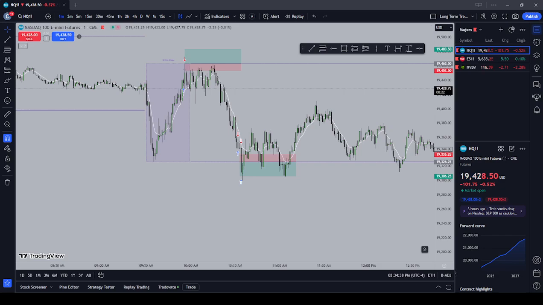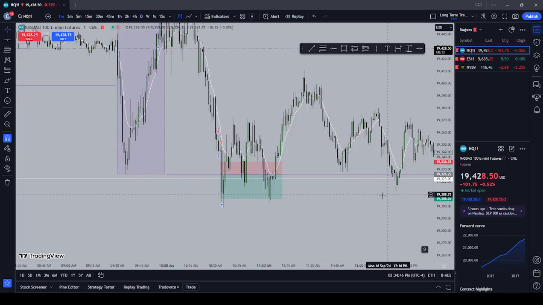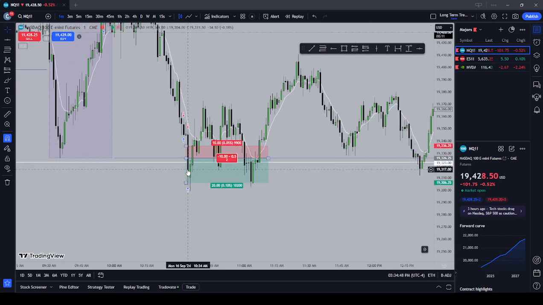I got filled at 323, so $3.50 lower. I actually got filled right there at that white line, just because of how fast it was moving. But that's okay with me. I lost out on 3.5 points, which is a little less than $100, but it's moving so fast that I know it's going to hit my TP.